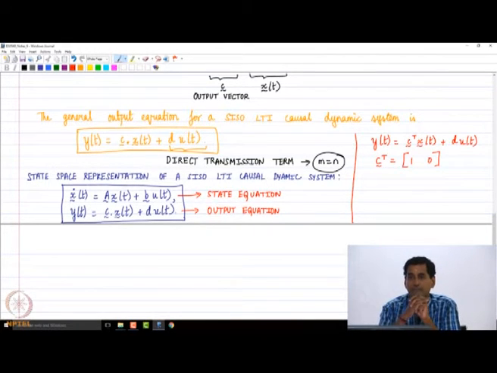So, what is the significance of state space? Because you are going to have a vector as a state variable, a state vector, you are essentially going to the space of state variables, which is a vector space. That is why it is called a state space representation. It is a space of state variables, and that characterizes the system.